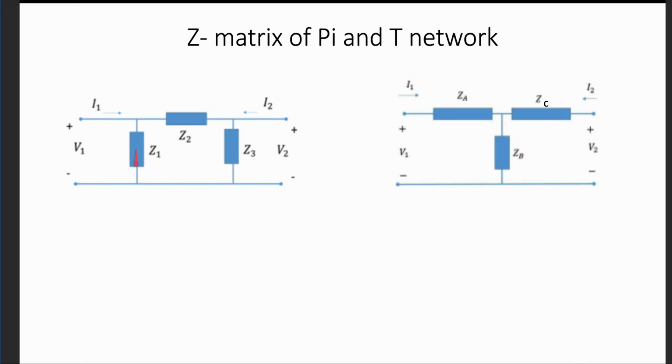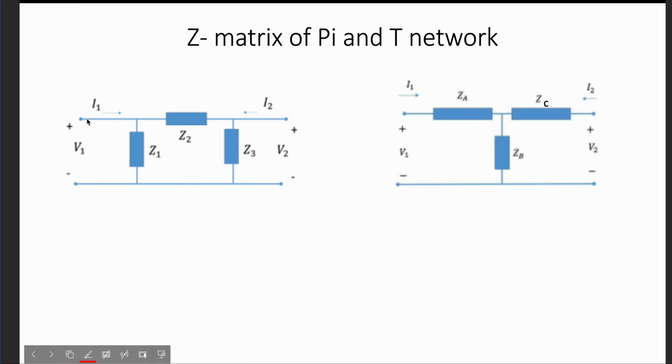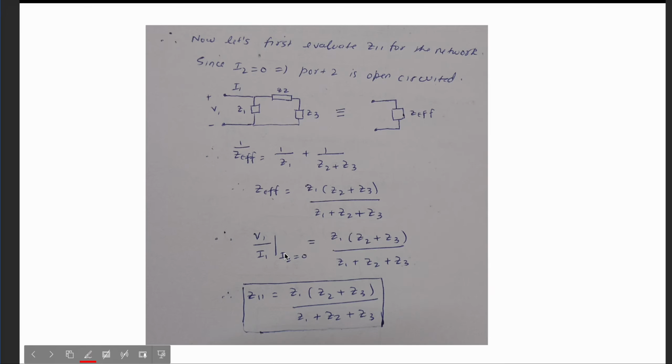So one section will be here, let me just take the pen maybe. Current will come here and one will go here, and similarly this current will go here, right? Because there is no current from the second port. So what you can do now is modify your network and represent it like this, as I have shown in the figure.